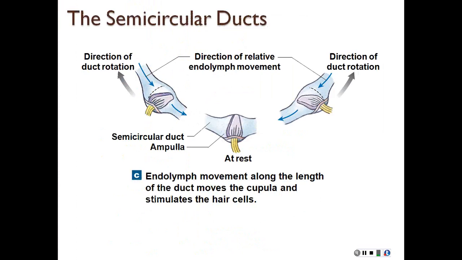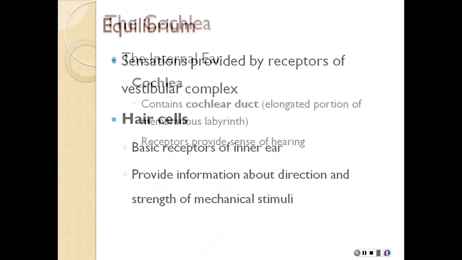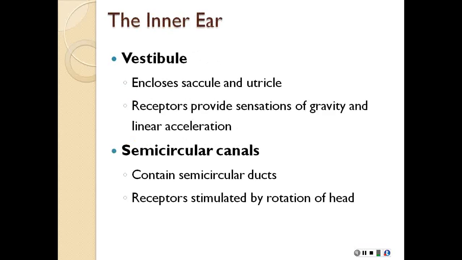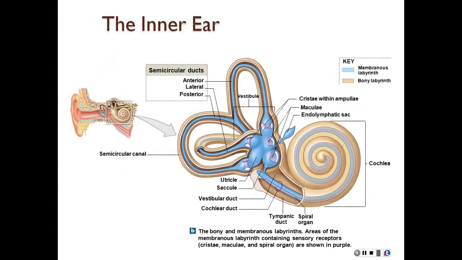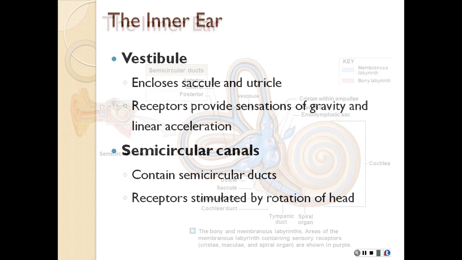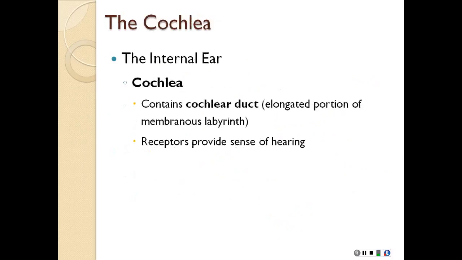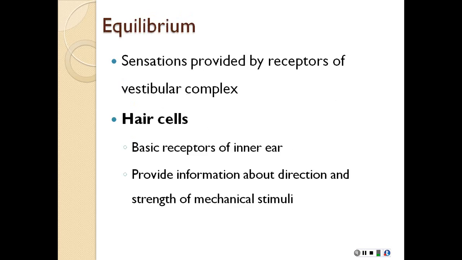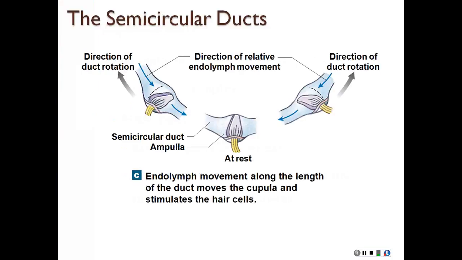So I'm missing a couple of my slides. But what this one is showing you is equilibrium. So in the inner ear you have the vestibular apparatus. And you also have the semicircular ducts. And what they do is allow us to interpret the movement of our head, and also whether we're moving fast or slow.